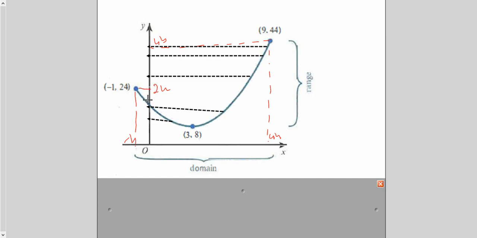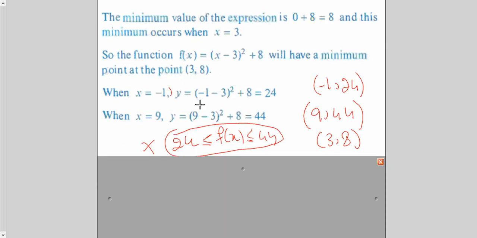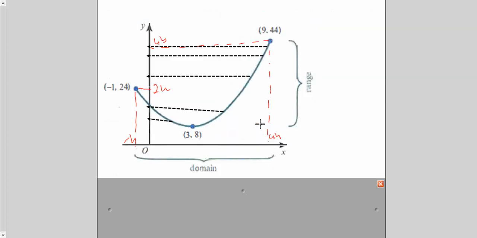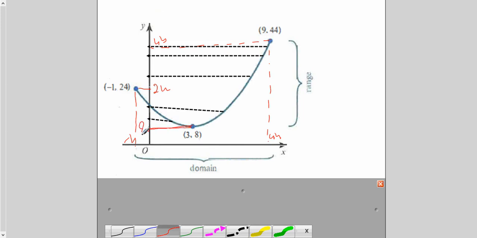So what it proves is that the values of y on the curve obtained by just substitution will be a wrong answer. So what is the technique? The technique is you have to get the least value from the y coordinate of the turning point, which is 8 in this case. So your range on the curve will be 8 to 44.